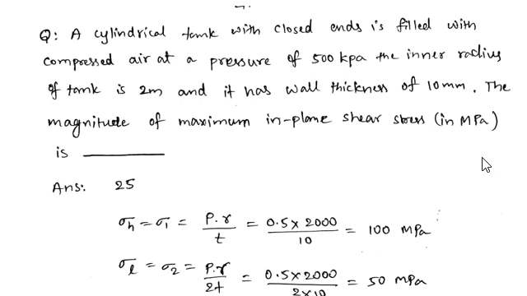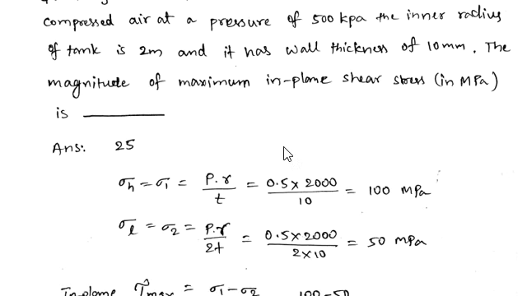And if you see the next question: a cylindrical tank with closed ends is filled with compressed air at a pressure of 500 kilopascal. The inner radius of the tank is 2 meters and it has a wall thickness of 10 mm. The magnitude of maximum in-plane shear stress in megapascals is, and here the answer is 25 megapascal.